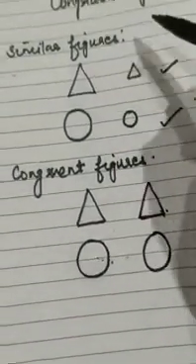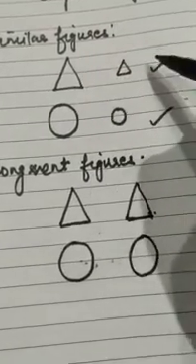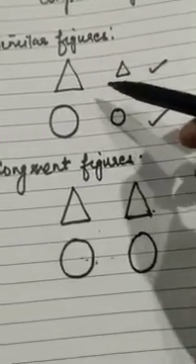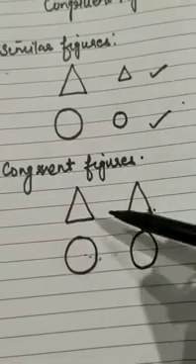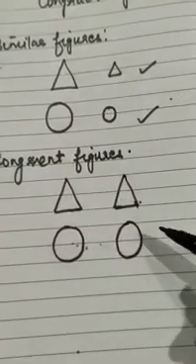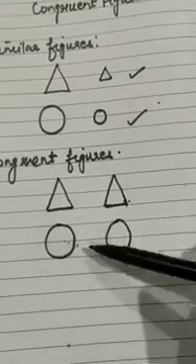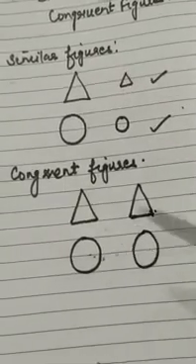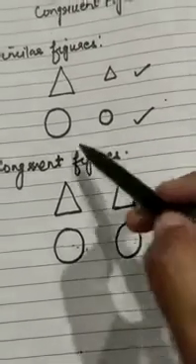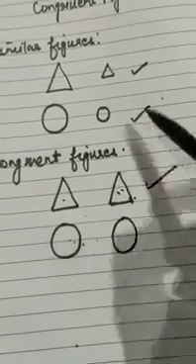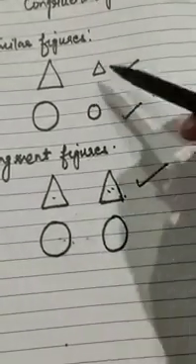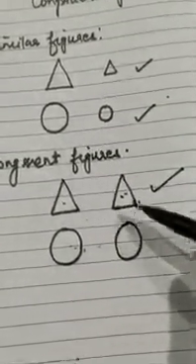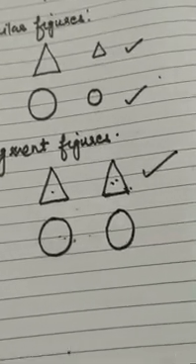So here we have similar figures which are same in shape but not in size. Here we have congruent figures which are same in shape and same in size, right? So congruent figures can be similar figures, but similar figures can't be congruent figures, right?